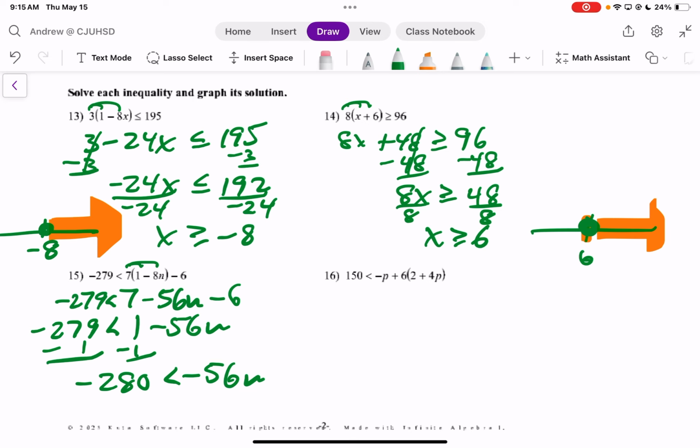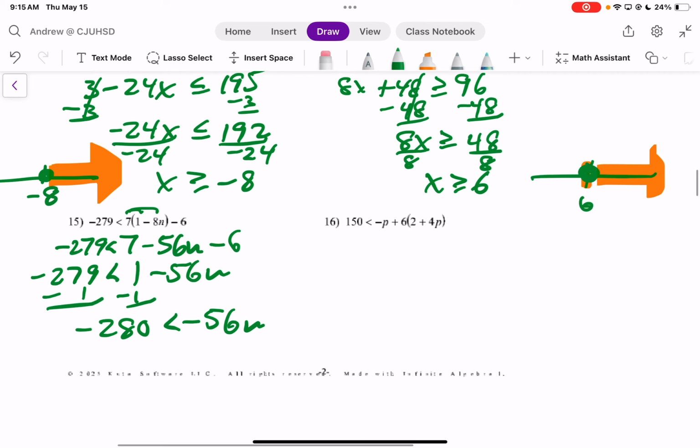Does that go evenly? Yeah, goes 5 times. So again, we're dividing by a negative, so that inequality is going to switch. It will go to the right, and on the right side will be n.